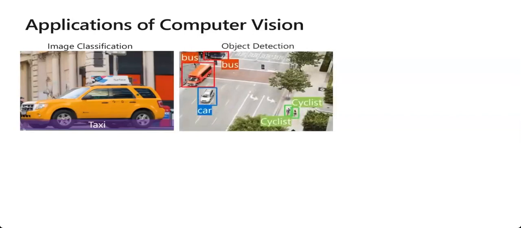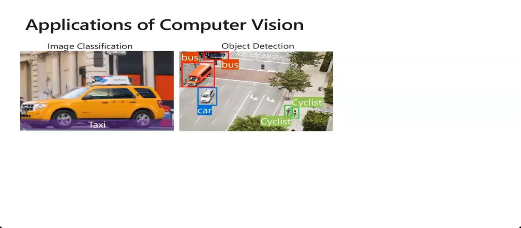There's also something called object detection, where we train a model to classify individual objects in the image and to indicate their location within the image as a bounding box. And here you can see it, right? There's the bus, it has a bounding box around it, and there's a car, there's also a box around it, and you can see that also these two cyclists are bounded. So you know where they are in the picture, and what they are in the picture.